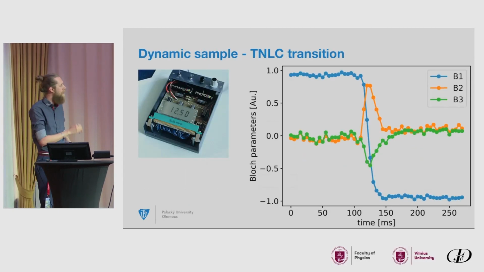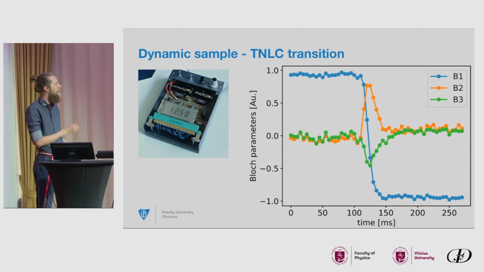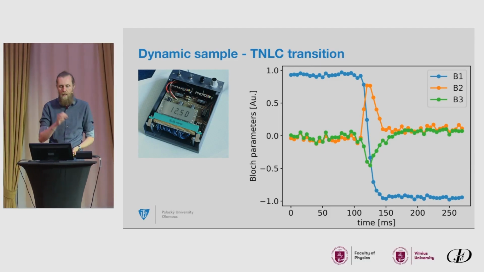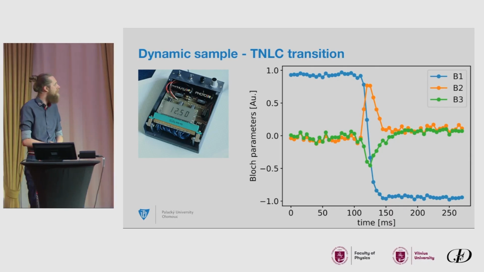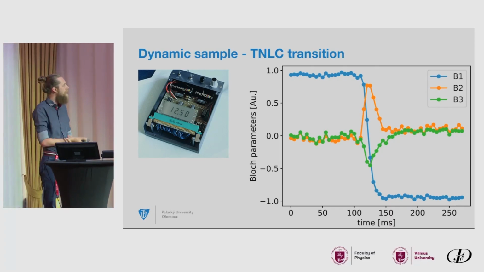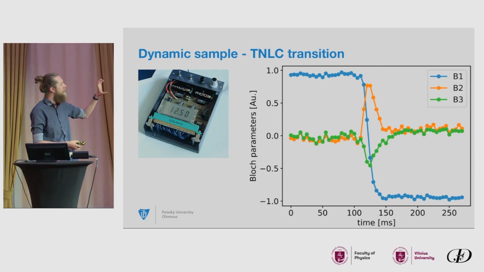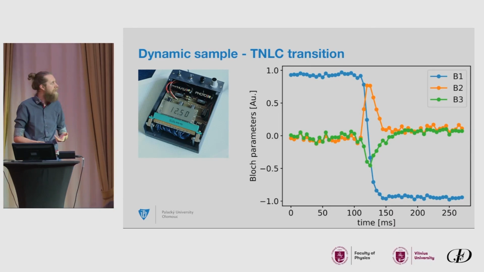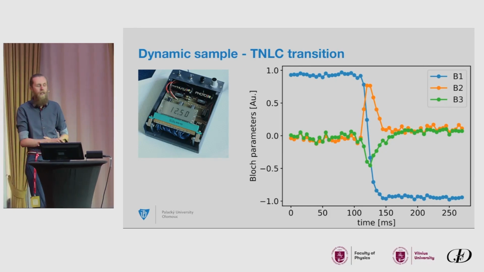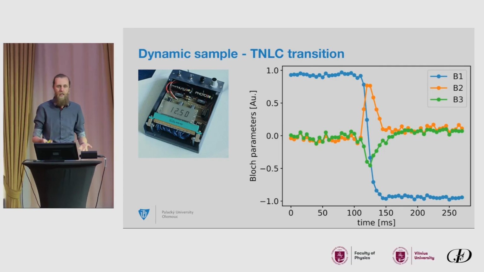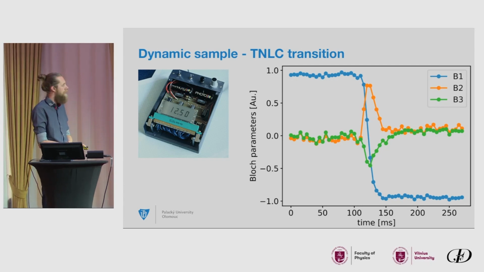So the last thing which we did is a measurement of the transition effect of liquid crystal displays. You can find them in every device which has a display, and the thing is that these twisted nematic liquid crystals change their orientation when the electric field is applied to the electrodes, and this change is quite quick.